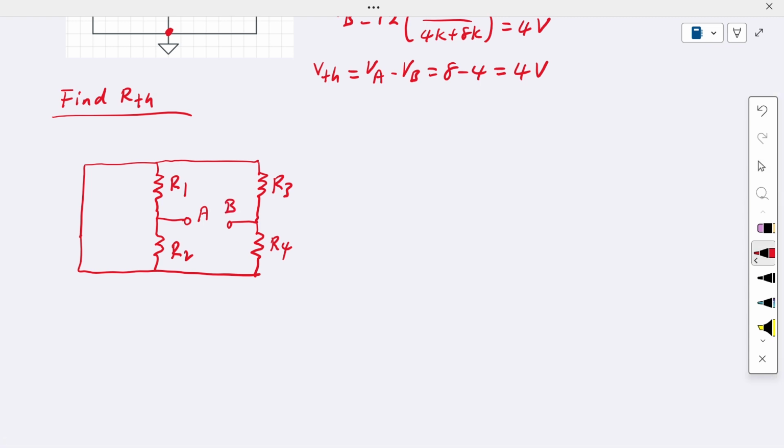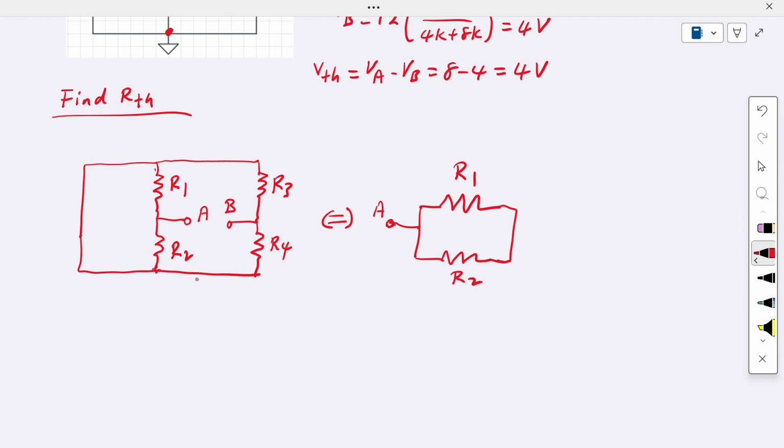Okay, so we can redraw this. Let's say we start from this node A here. Node A is split into two paths, which is R1 and here is R2. At the end of this terminal over here, they will be connected together.